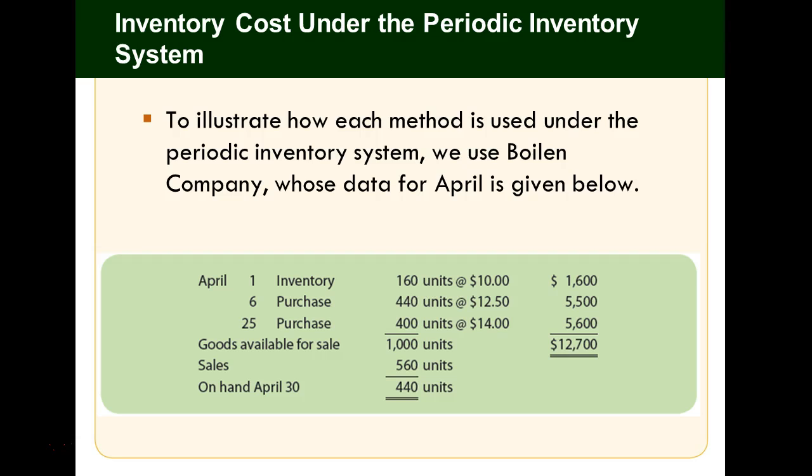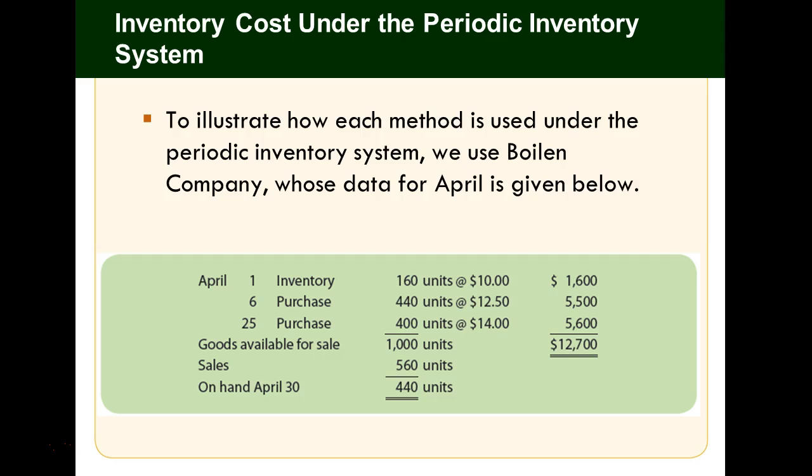This company, Boiling Company, started the month with inventory of 160 units at $10. Then on April 6th, they purchased 440 units, but they had to pay $12.50 per unit.